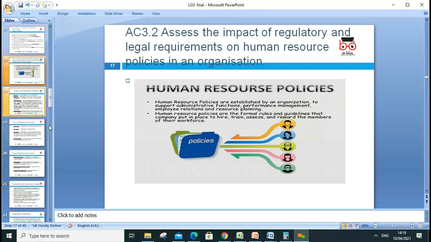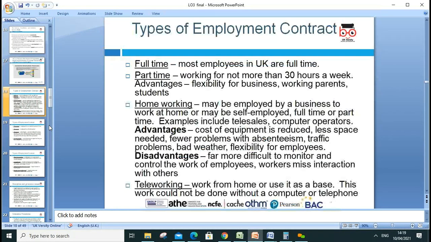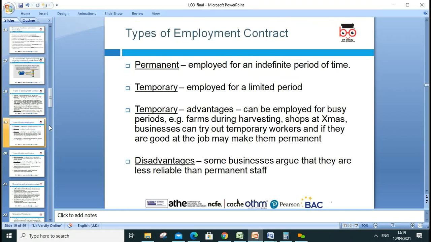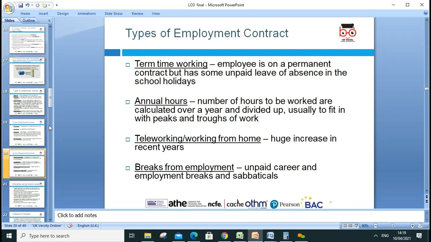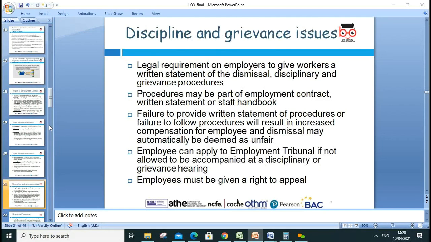Those are all policies we need to have in place. When we give the contract, full-time or part-time, working from home, all these working regulations should be explained. Permanent, temporary, fixed term, annual hours, all should be discussed.